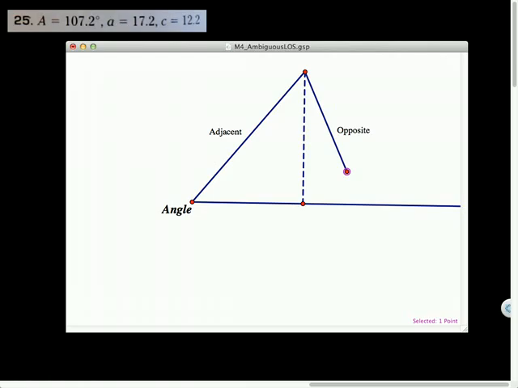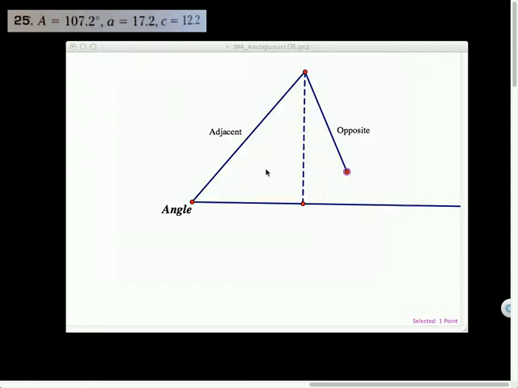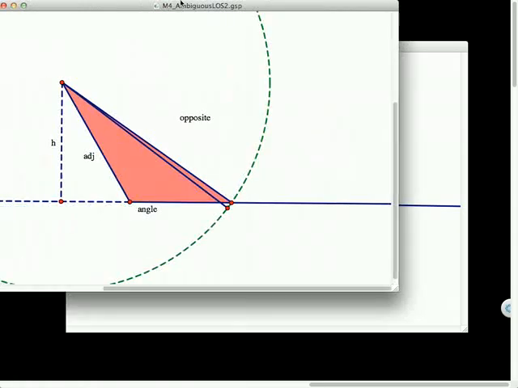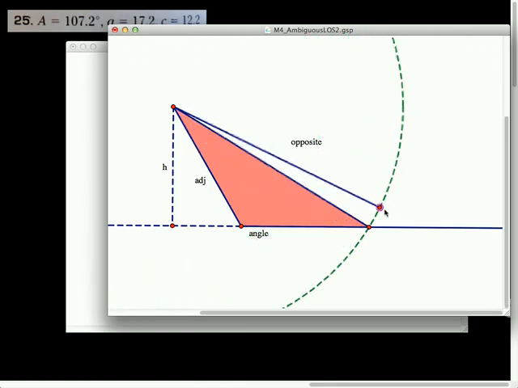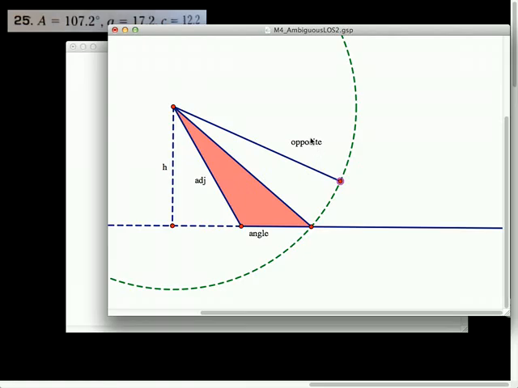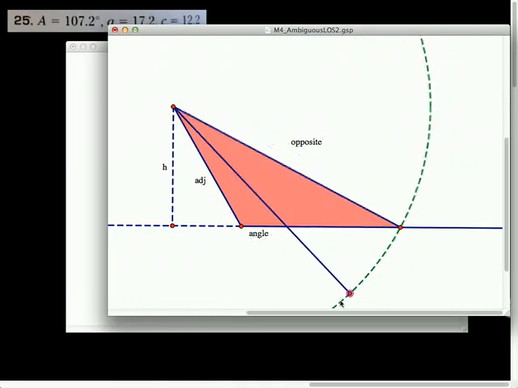Let me see if I can quickly pull up the alternate sketch that I have for that. Here we are. And in an obtuse angle side-side situation, there was only one test to consider, which was, is the opposite longer than the adjacent? All right, so you can see that there's one triangle formed in all of these situations.